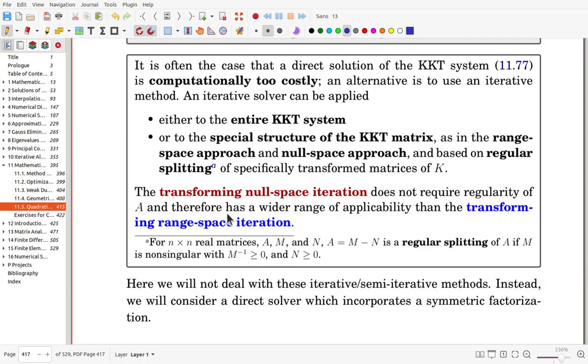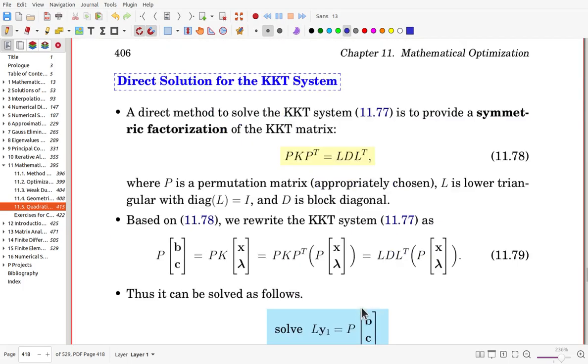Okay. We'll not deal with the details of iterative or semi-iterative methods. We'll simply consider some direct solver, and we'll consider a little bit of the iterative algorithm.